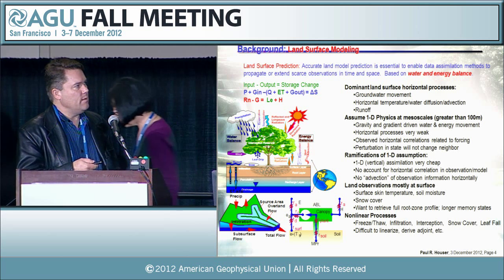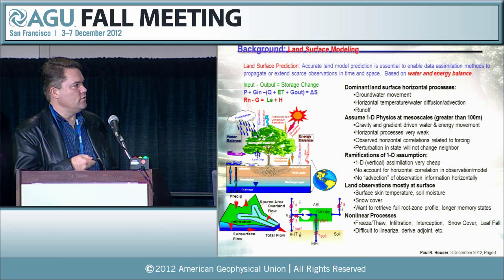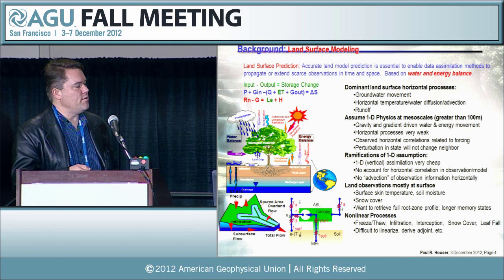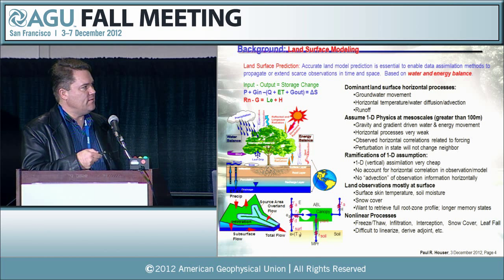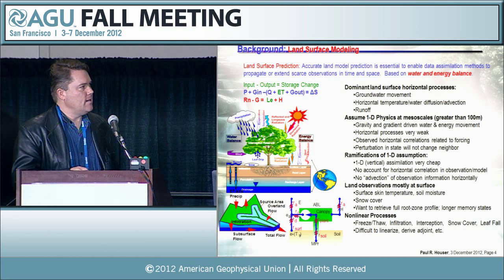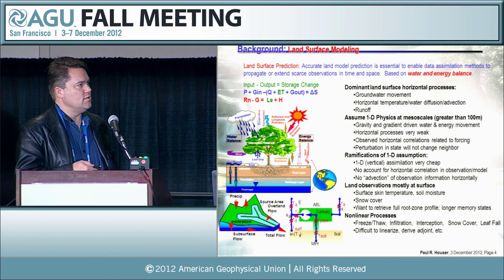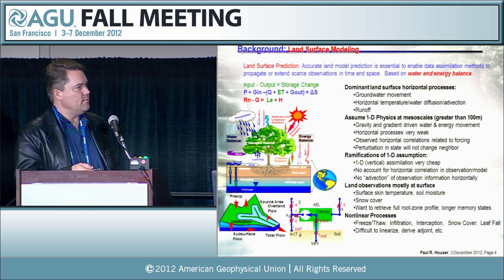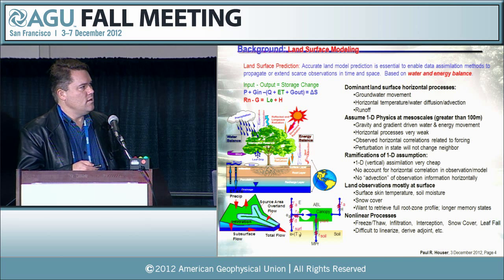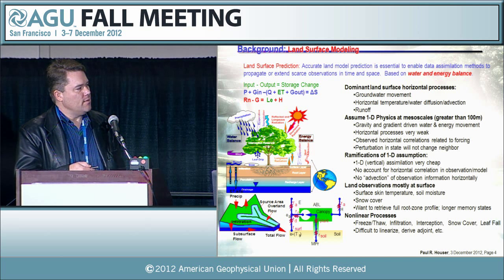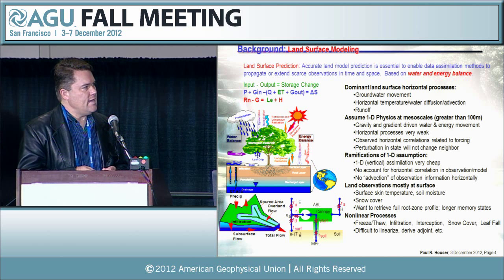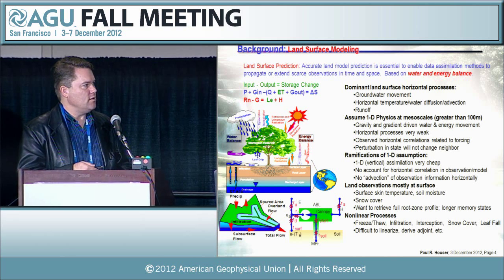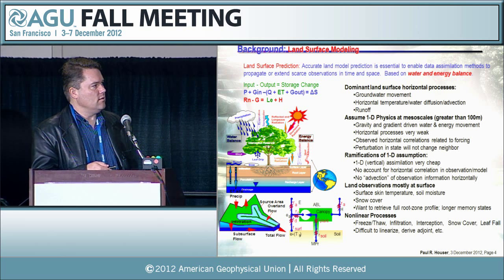That has implications for the kinds of models we use. At greater than about 100-meter resolution, we tend to use 1D physics models. There are some ramifications of that assumption. The assimilation is relatively cheap, but the models don't really spread information out horizontally, and horizontal correlation in the observation model isn't accounted for.